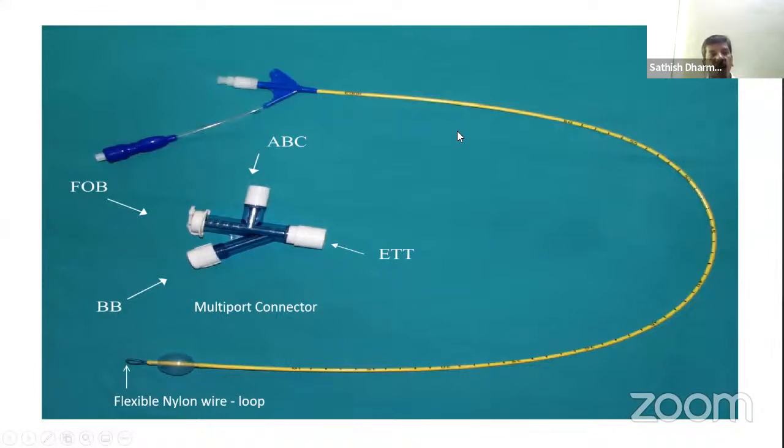In this blocker, you see the yellow colored catheter, and it has a flexible nylon wire embedded inside, and it has an external end with a connection for it, and it has a pilot balloon catheter to inflate the balloon, and a multi-port connector with an endotracheal tube connection, a bronchial blocker insertion port, a fiber optic bronchoscope insertion port, along with the circuit connection port.